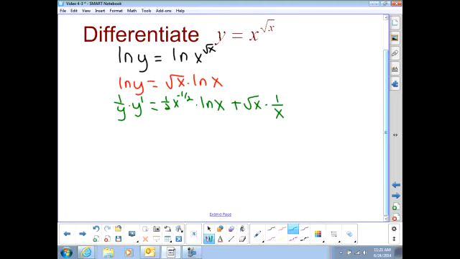Usually you'll neaten up the right-hand side a little bit. It's not absolutely necessary, but usually makes life a little bit easier. This first part will end up as natural log of x in the numerator over 2 square root of x in the denominator.